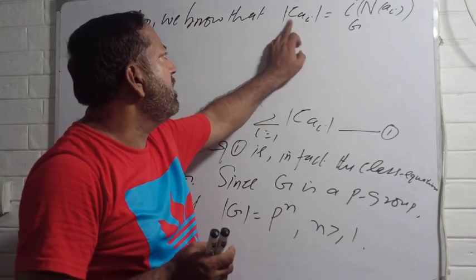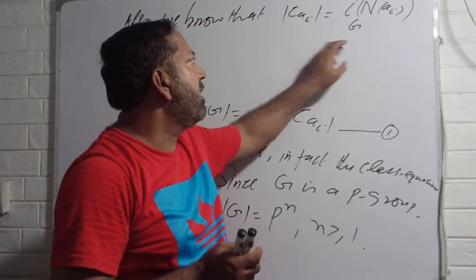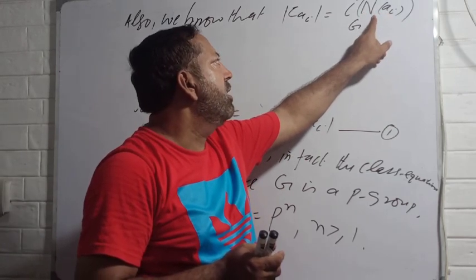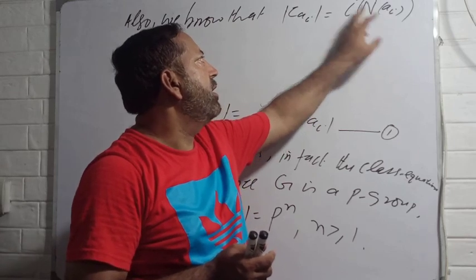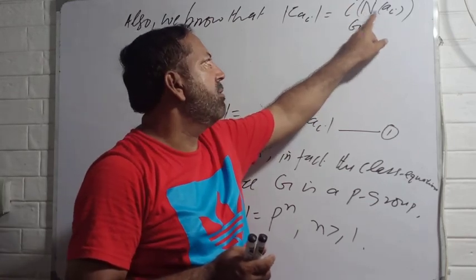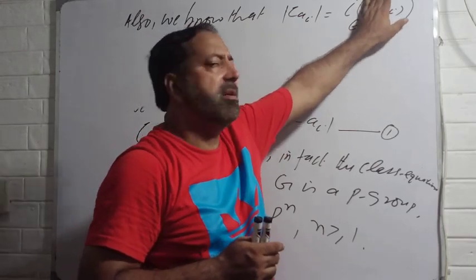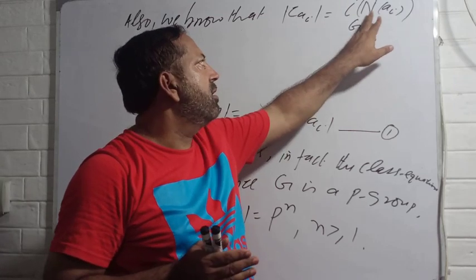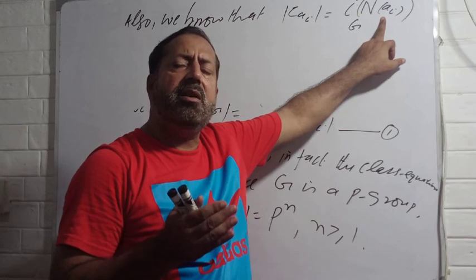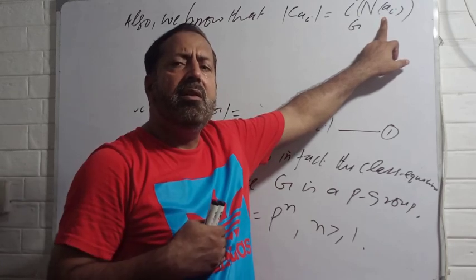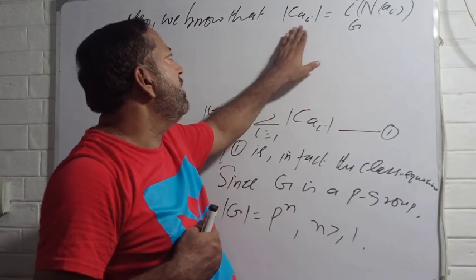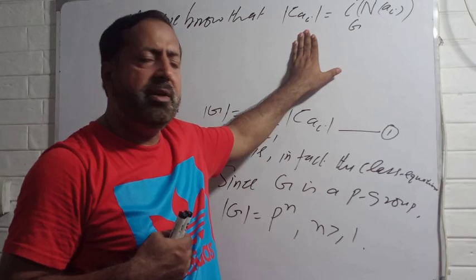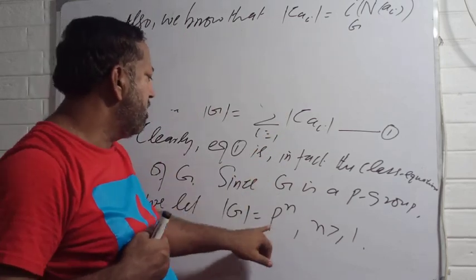So the order of this conjugacy class is in fact: you first find the normalizer of AI in G, which is a subgroup, and then its index in G. And you know that by Lagrange theorem, since the normalizer is a subgroup, its order and index both divide the order of G. That's why the order of CAI also divides the order of G, which is P power n.